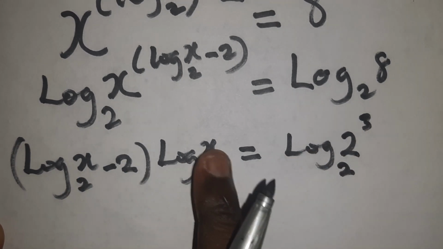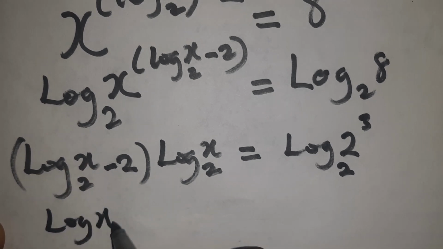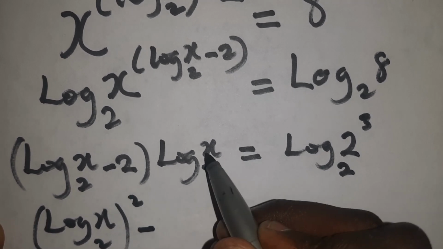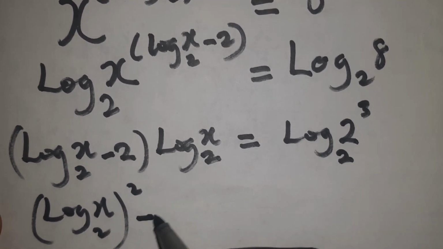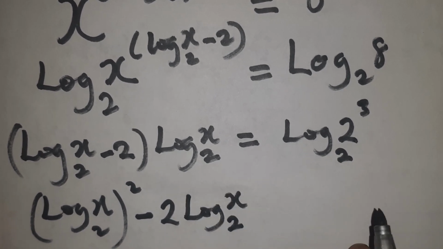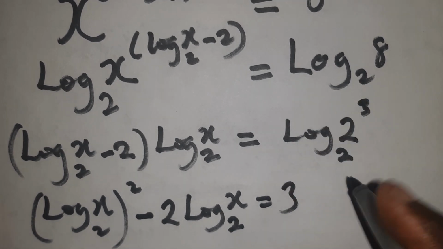So let's do this one first. Log x base 2 times log x base 2 gives me log x base 2, everything squared, then plus times minus gives minus, then log x base 2 times 2 gives me 2 log x base 2, then equal to, of course, this 3 comes over to this side to be in product with the log 2 base 2.